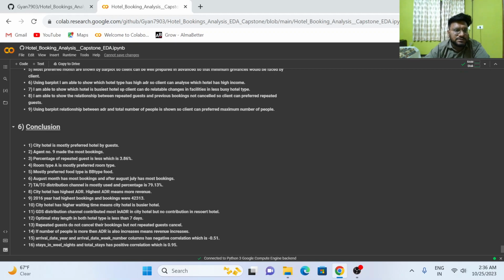Last one would be the conclusion. First, we clearly saw that the city hotel was the most preferred hotel type by the guests. Next, about the agents, agent number 9 made most of the bookings. The percentage of repeated guests was significantly less, only 3.86%.